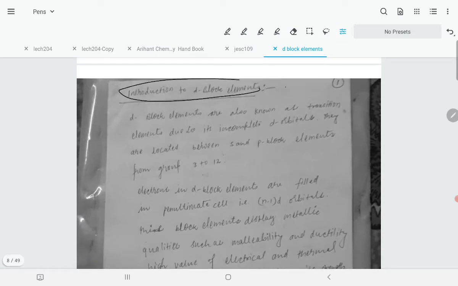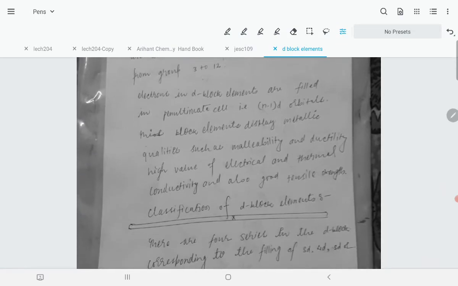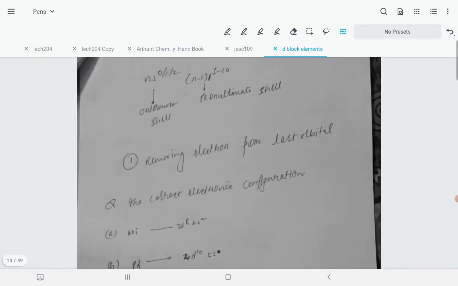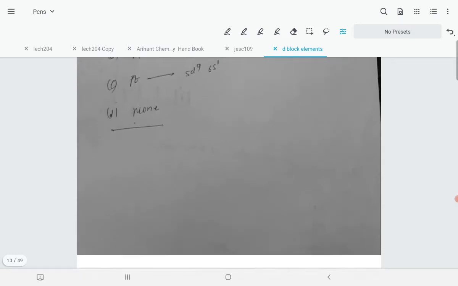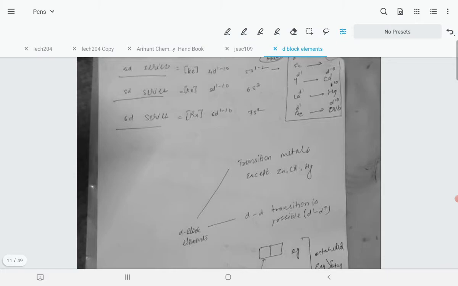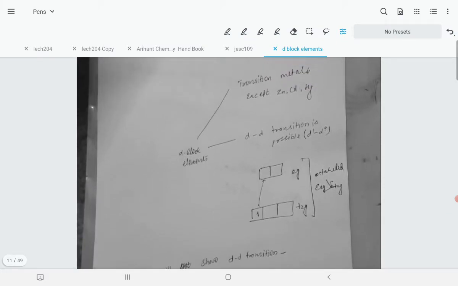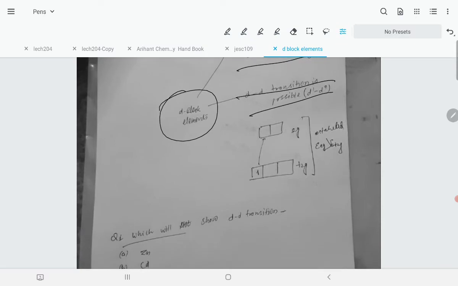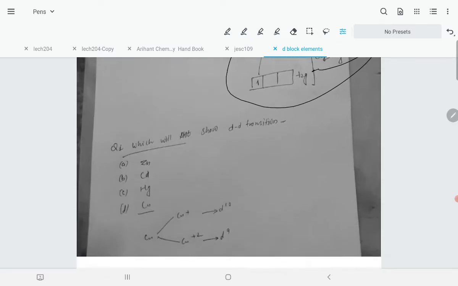Transition metals, except zinc, cadmium and mercury, can show d-d transition, from d1 to d9. In octahedral complexes Eg is greater than T2g.